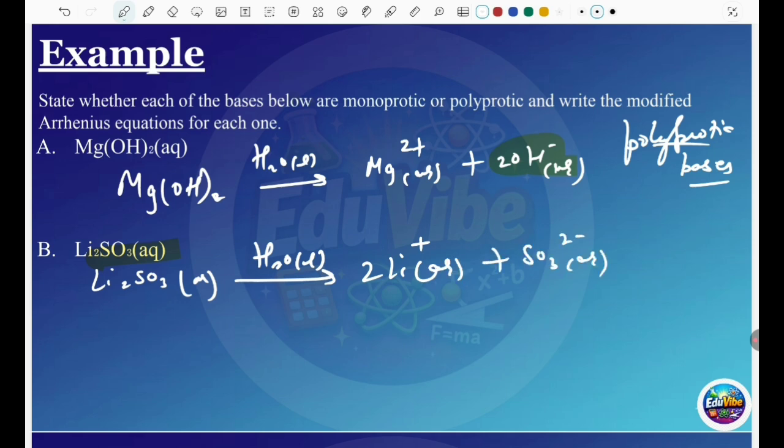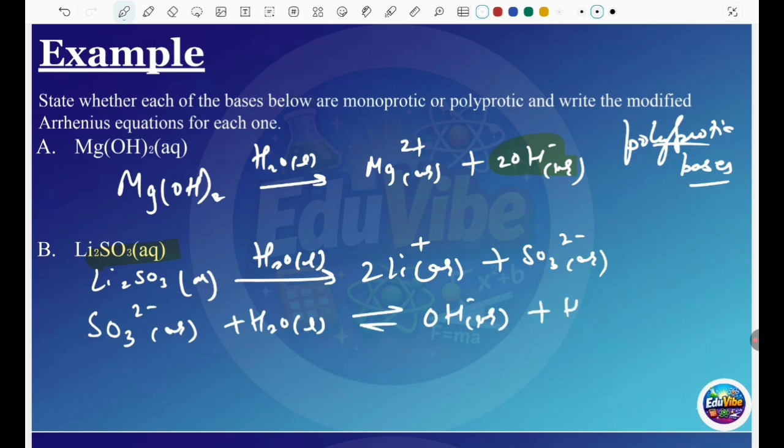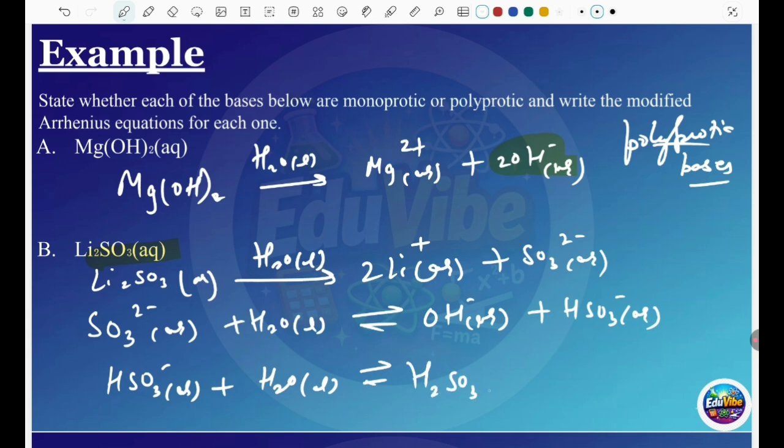You have to deal with the 2 negative charge. So SO3 2 negative reacts with water, it is a weak base as well, to give OH negative aqueous plus HSO3 negative aqueous. Then HSO3 negative aqueous plus water in liquid, equilibrium sign, H2SO3 aqueous plus OH negative. You get two reactions, so this is also a polyprotic base.